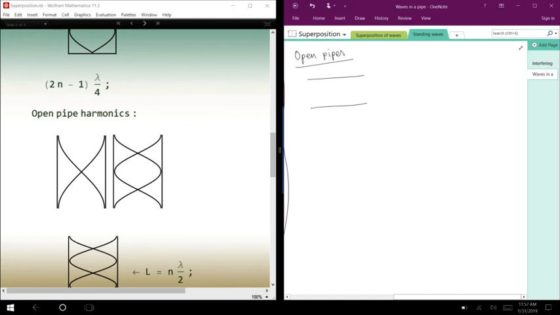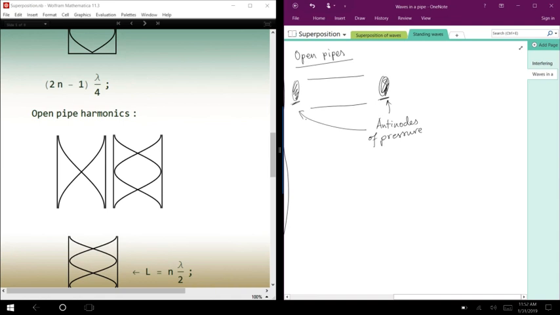The condition is that the air pressure outside must be the atmospheric pressure, right? Because there's atmosphere outside. And so these have to be pressure antinodes, antinodes of pressure, right? So both here, as well as over here, we will need antinodes of pressure.